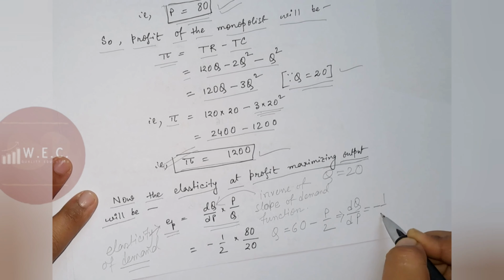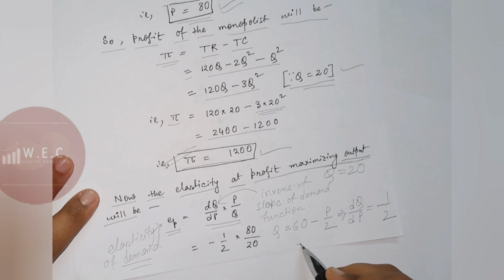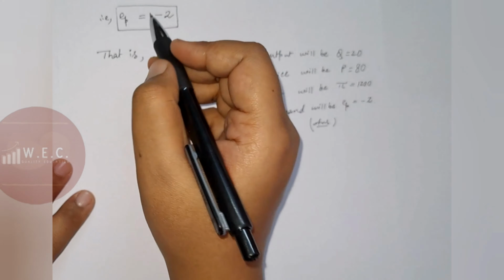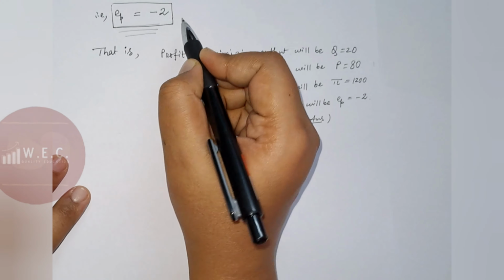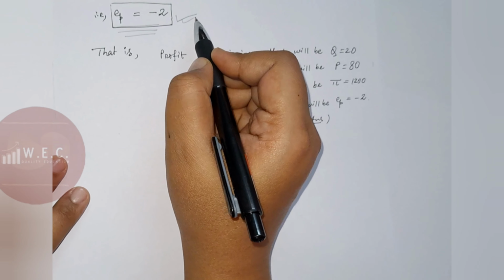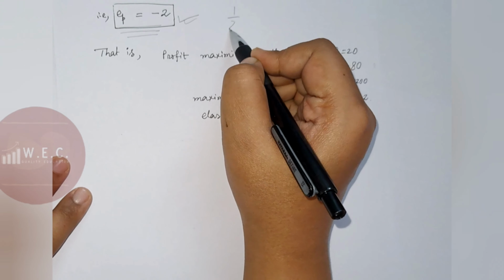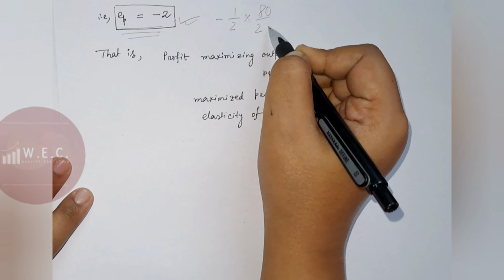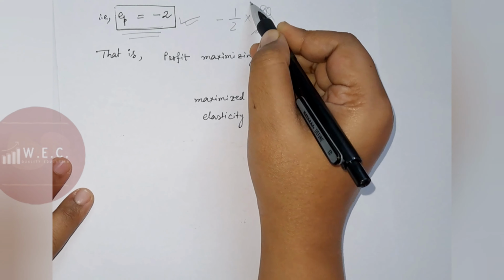If we put its value in the place of dq/dp, and you already know that p equals to 80 and q equals to 20, then we will get elasticity equal to minus 2.